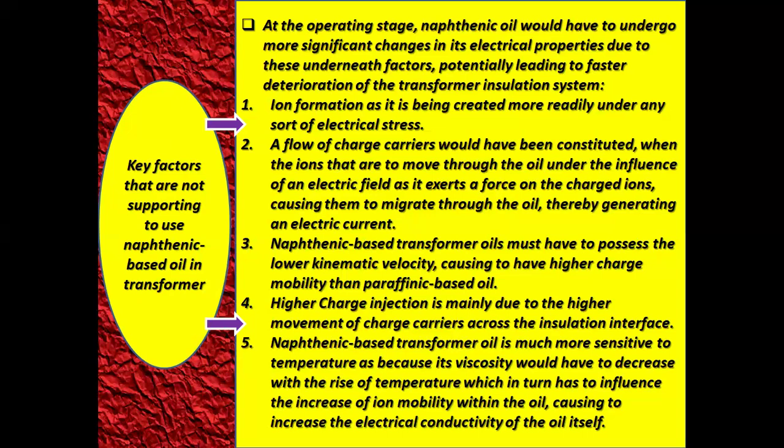Naphthenic based transformer oil is much more sensitive to temperature because its viscosity decreases with the rise of temperature, which in turn increases ion mobility within the oil, increasing the electrical conductivity of the oil itself.